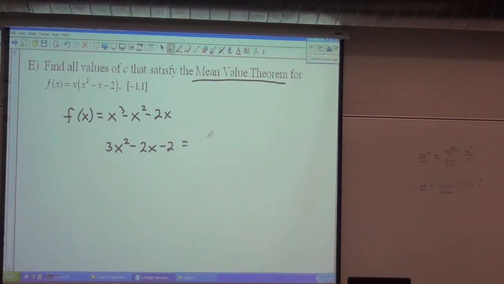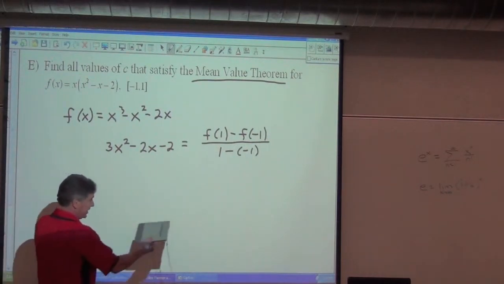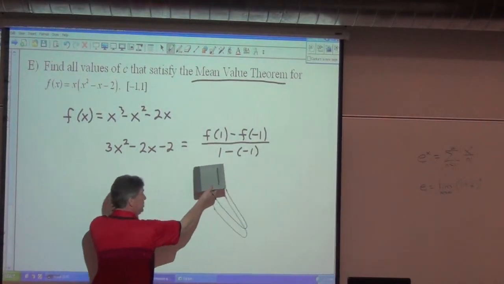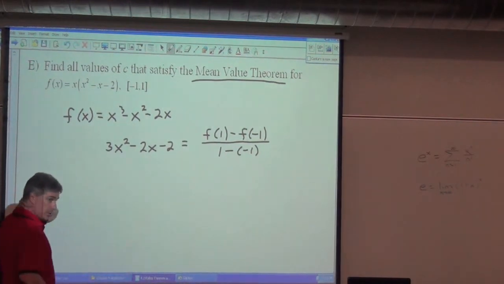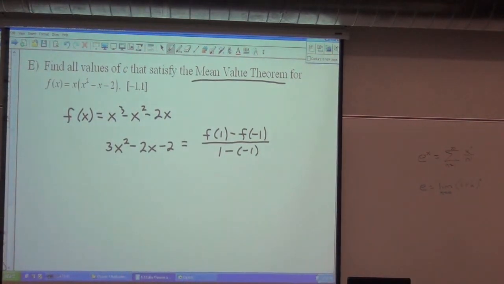That should equal f of 1 minus f of -1 over 1 minus -1. This is the average rate of change, and this is the instantaneous rate of change. Or the slope of the tangent line is the same as the slope of the secant.